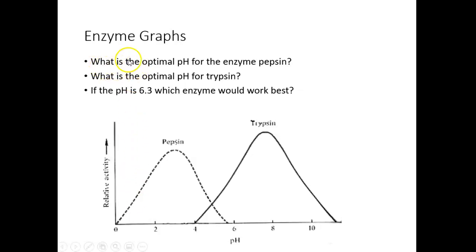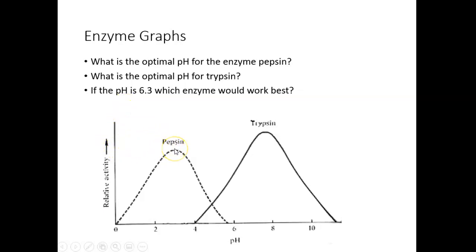So when I look at this problem, we're looking for optimal, or the best pH for the enzyme pepsin. So when we look at this right here is the relative activity. So if it's working faster, it's going to be higher up here. So the enzyme is going to be producing more products.